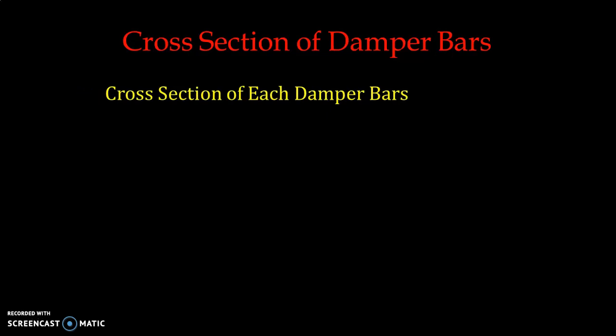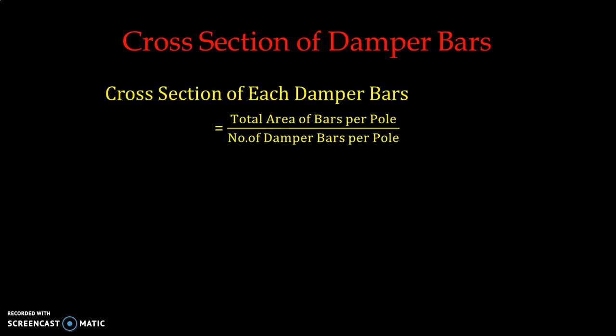Now we have to find the cross section of the damper bars. The total area is known. Now the total number of damper bars to be used is also known. So the cross section of each damper bar is very simple: the total area of bar per pole divided by the number of damper bars per pole, equally distributed among the total number of damper bars we use.